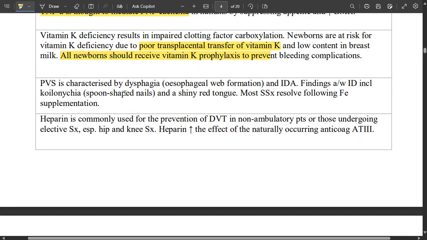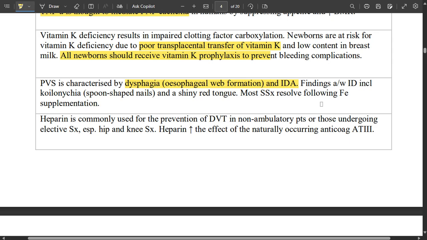Plummer-Vinson syndrome is characterized by dysphagia because of esophageal web formation, and iron deficiency anemia. Dysphagia is a result of esophageal web formation.